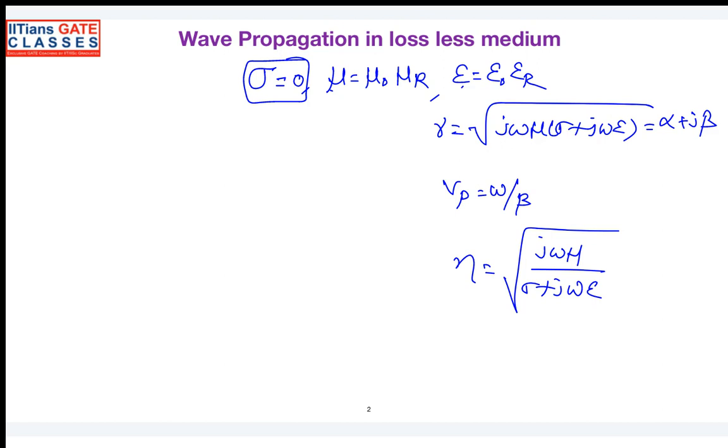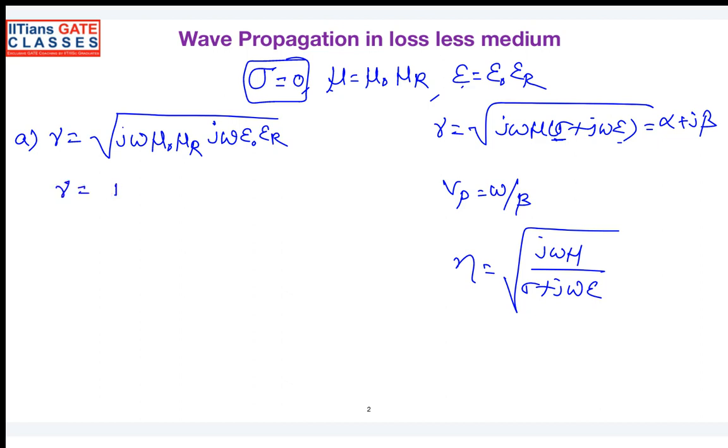So first thing, when I see the propagation constant, you can substitute here. Your sigma will be 0, mu will be mu naught into mu r, and your epsilon will be epsilon naught epsilon r. So what is the value of gamma you are getting? j omega into root mu naught epsilon naught into root mu r epsilon r.